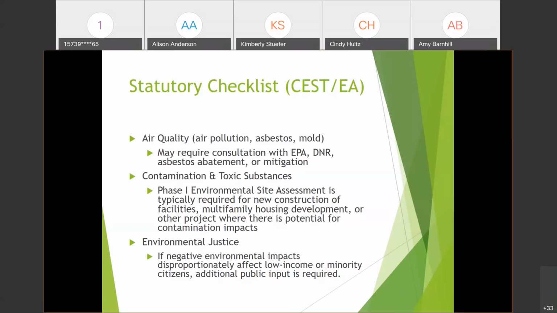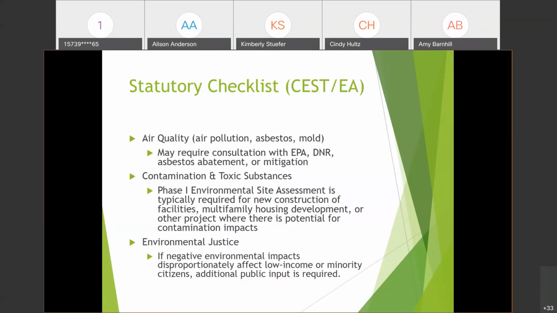You're also looking at issues if there's any lead-based paint. If you're doing rehab, for example, you have to consider that there might be lead-based paint on the building that you're going to be rehabbing. So there's instructions for how to deal with that on the EPA website.